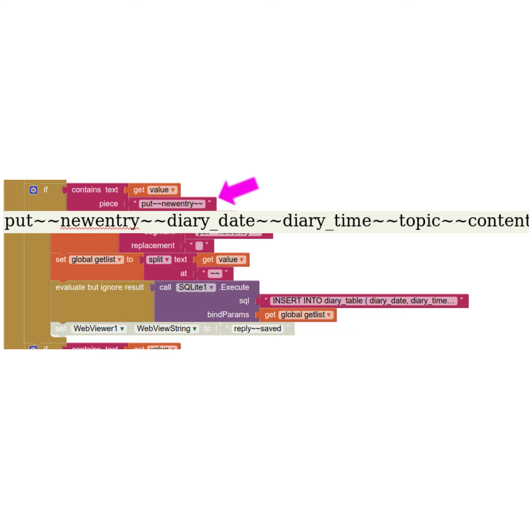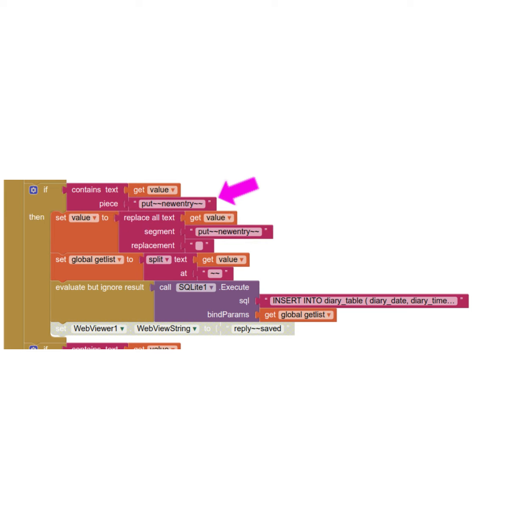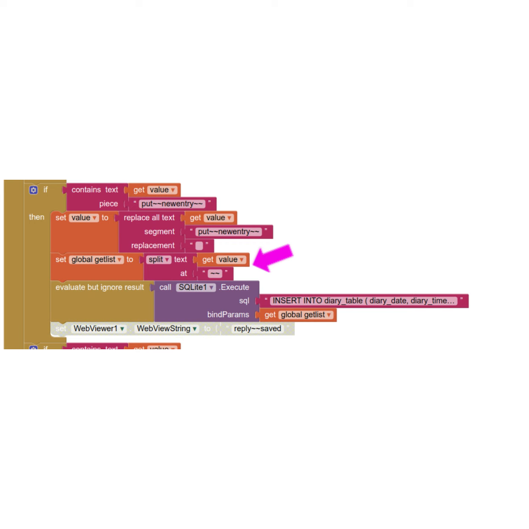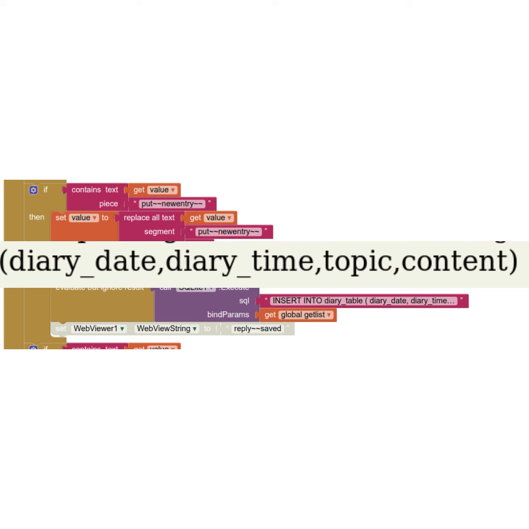So this might be put ~~ new entry ~~ diary date ~~ diary time ~~ topic ~~ content. Removing this pattern gives us diary date, diary time, topic and content, and splitting at the double tilde characters gives us a list with the four parameters.